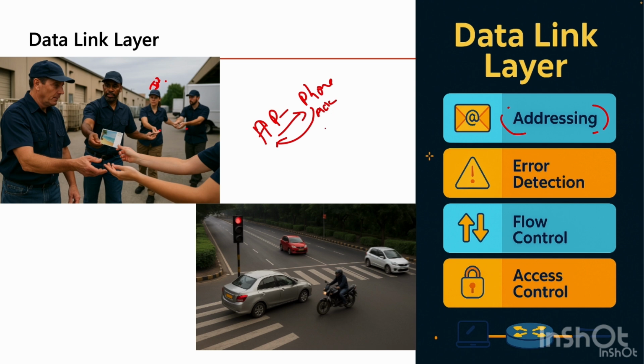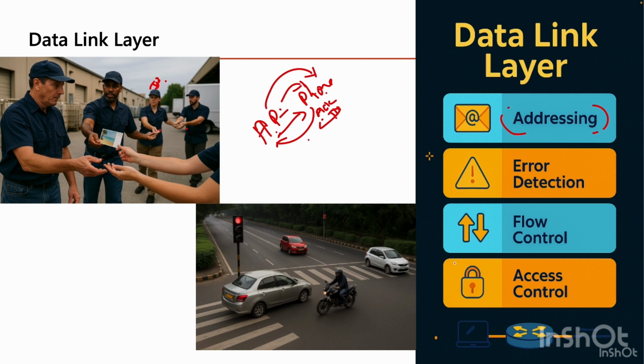The phone tells the AP, I have received so many packets, but I have missed 3 packets. So the AP can resend those 3 packets to the phone. So this is error detection and flow control. The phone can talk to the AP and say that I don't support very high bandwidth. Why don't you reduce your speed? Right? And the AP has to reduce the speed and adapt to the phone's speed. This is flow control.